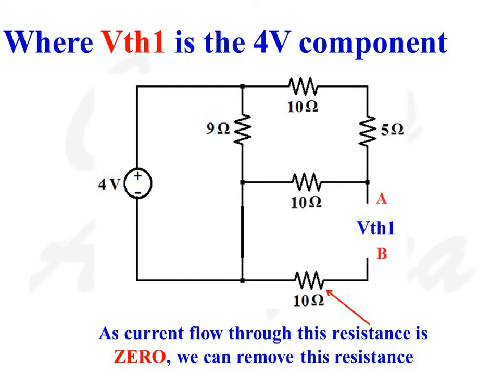In this network, the current flowing through the 10 ohms resistance, one of whose ends is open, is equal to 0. So there is no effect of 10 ohms resistance on this circuit. We can remove it for the time being.